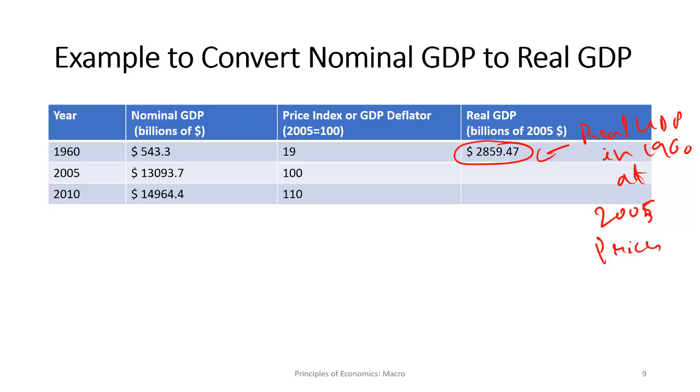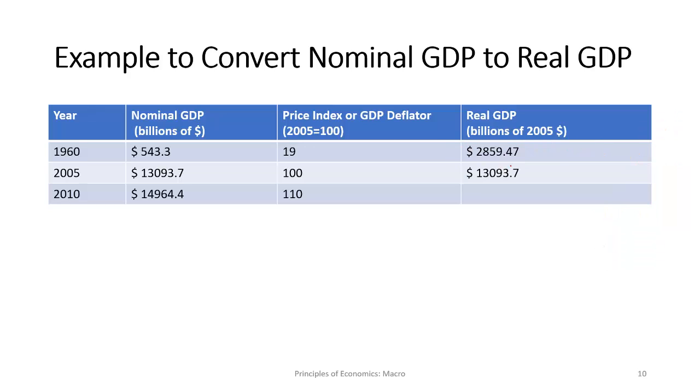Same thing we'll do for 2005, but 2005 is the base year, so your real GDP and the nominal GDP are the same numbers. In 2010, prices have gone up beyond 100, and we can see there's a difference. So our real GDP is 13,604 billion, but our nominal GDP was 14,964.4 billion.